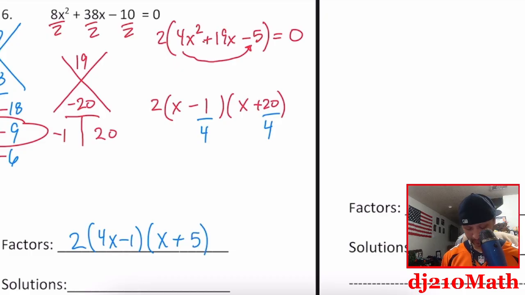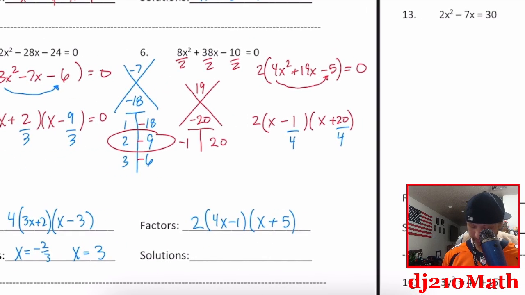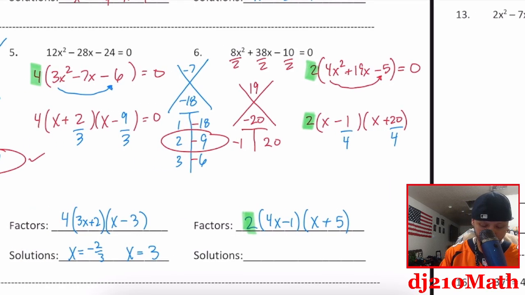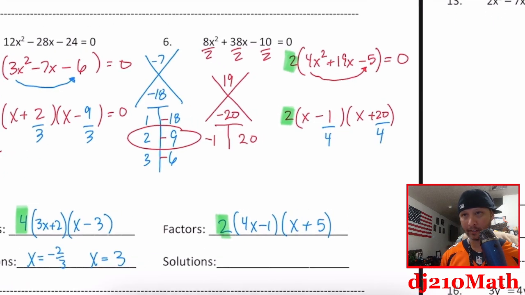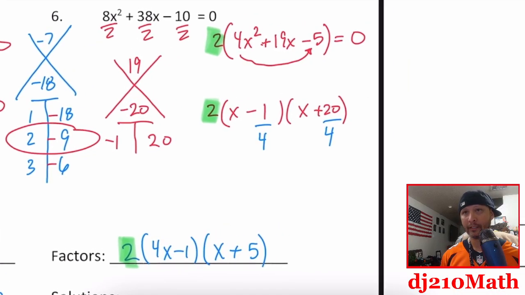Did I mention this on the last one? Yes. Okay, so this number in front, if you factor out the GCF, that has to be part of the answer. I don't know if I mentioned that on the last one, but there was a number that we factored out, the GCF, that has to be part of the factors.